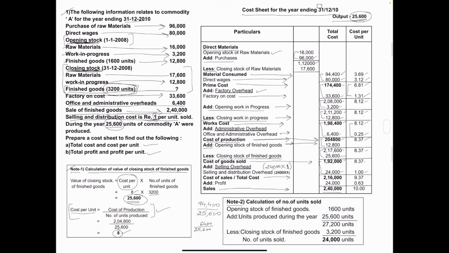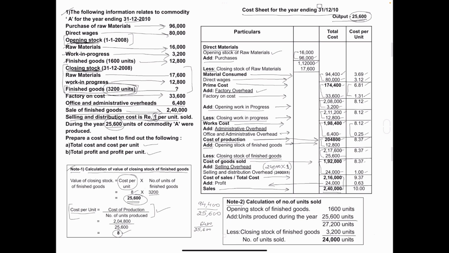Profit they have not given, we have to calculate. Sales amount they have given here, so write here sales 2,40,000. From 2,40,000 minus 2,16,000, we have to get the profit amount, no? You will get 24,000 and this is the profit.